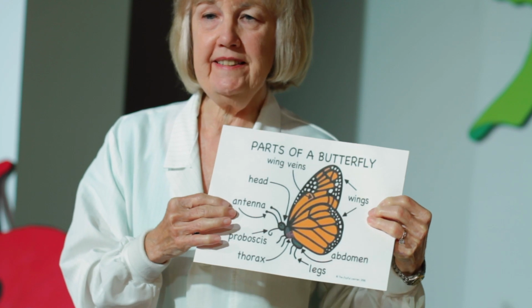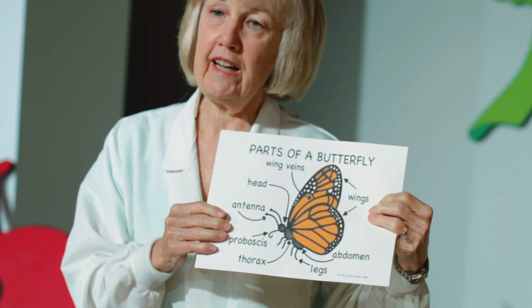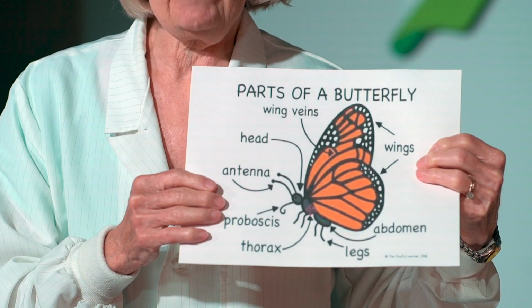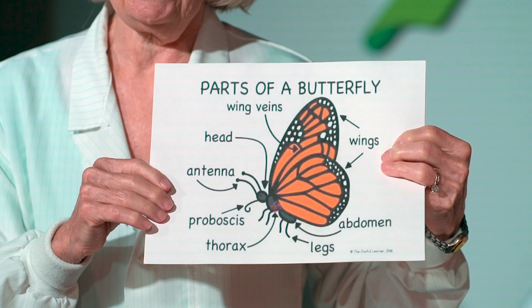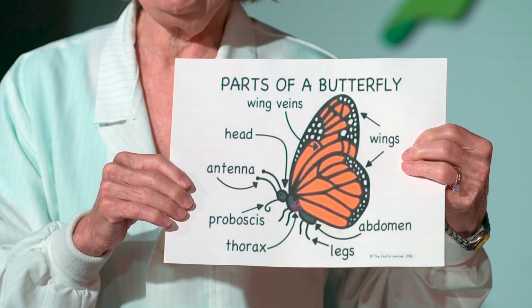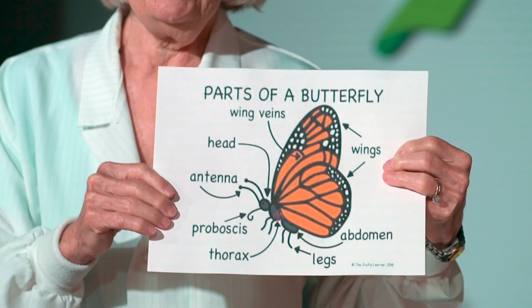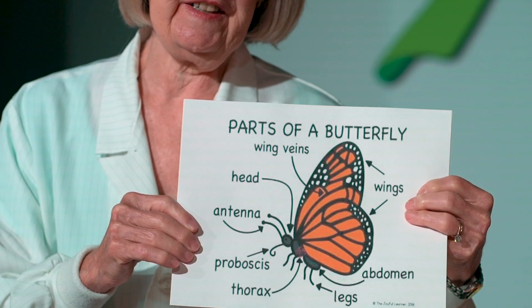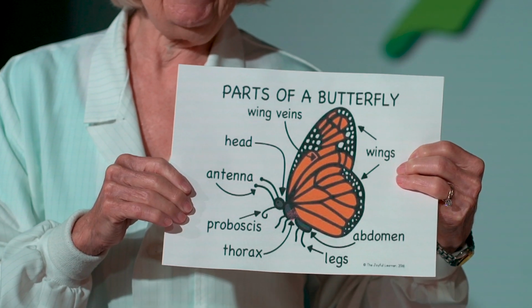But when it gets ready to eat, it extends this structure, and it works kind of like a straw. So if it's on a flower, it can extend the proboscis into the center of the flower, and then it can suck up nectar, which is that real sweet liquid found in the flower. It can also suck up other things like sap or juice from fruit or even mud.